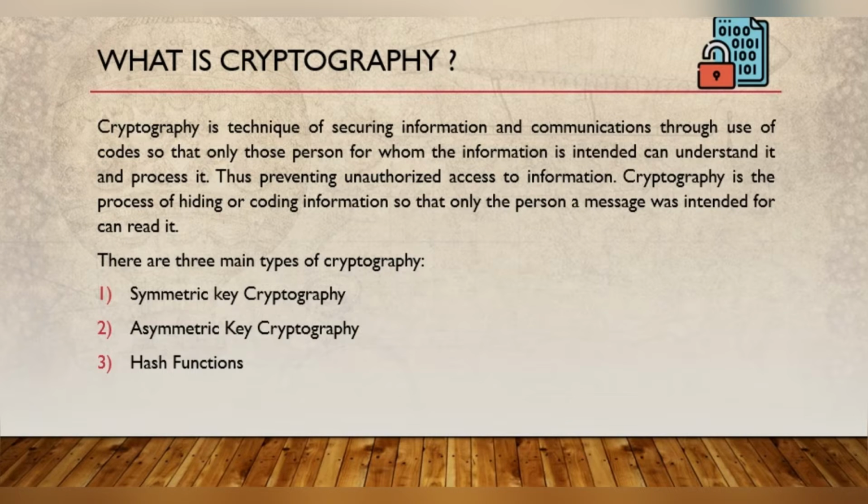Hash functions. In this algorithm, no key is used. The plain text is used to produce a hash value that has a fixed length, making it challenging to retrieve the plain text information. Hash functions are widely used by operating systems to encrypt passwords. And the third type of cryptography is asymmetric key cryptography.